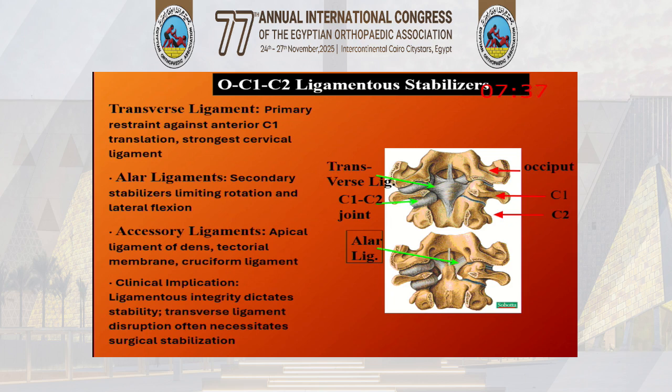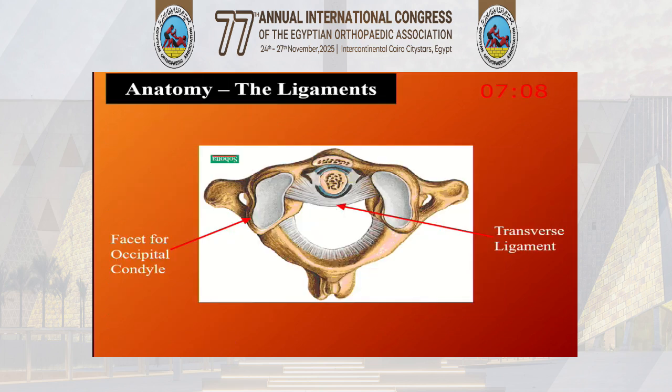It includes the alar ligaments from the sides of the odontoid, and the apical ligament, which attaches the apex of the odontoid with the basion of the foramen magnum, including also the capsules of the atlantoaxial and occipitocervical joints. Here is the transverse ligament.